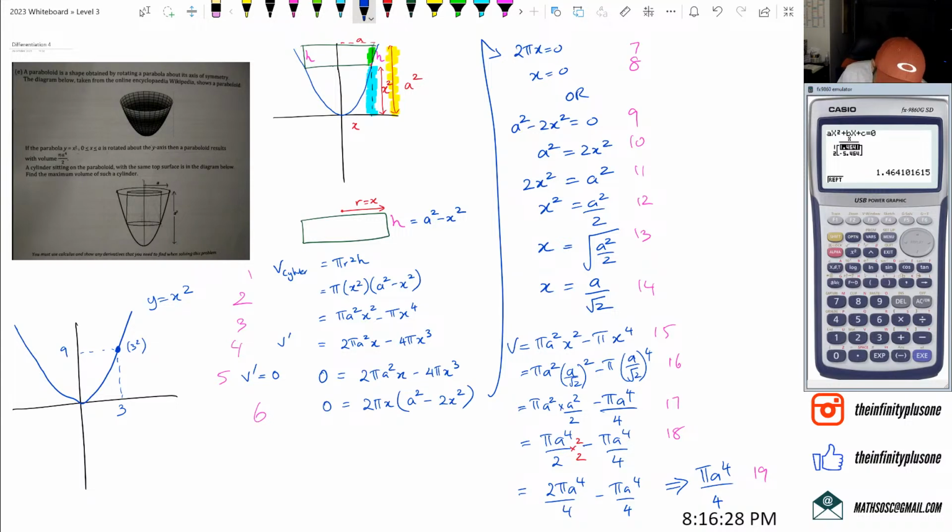But the cylinder is actually above that point. So if you think about it like this, the cylinder is kind of like that, so it's actually above that 3 squared.